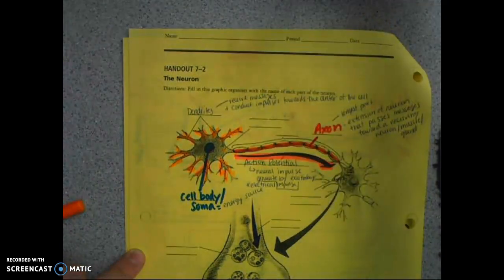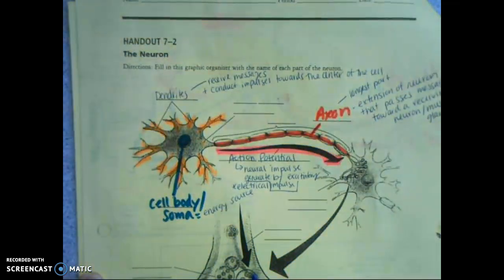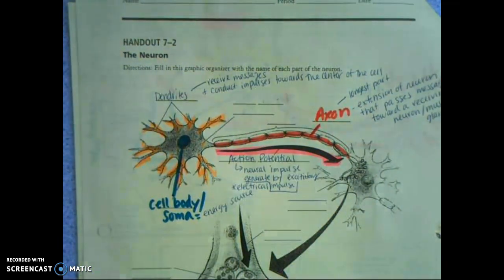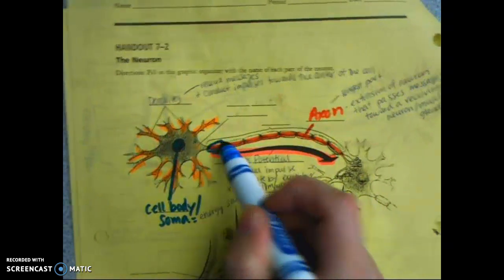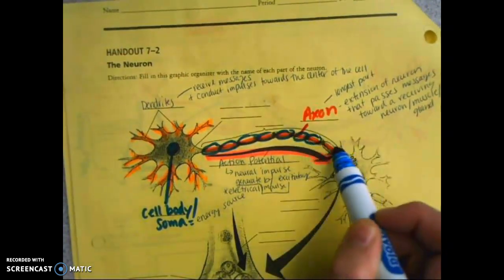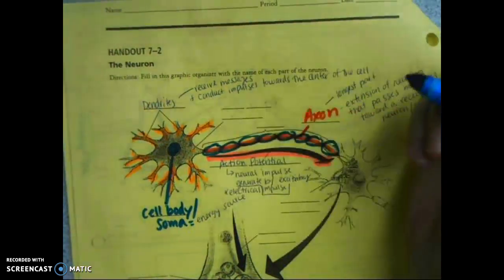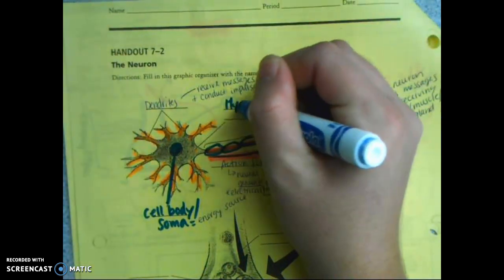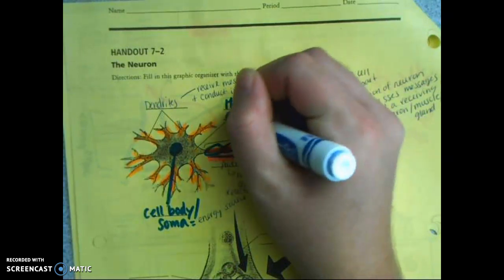Okay, let's zoom in. Now, covering the axon, you see these kind of links. Those links are referred to as the myelin sheath.